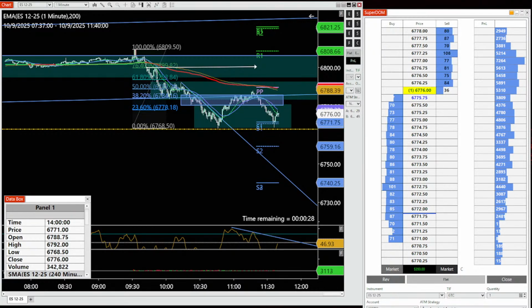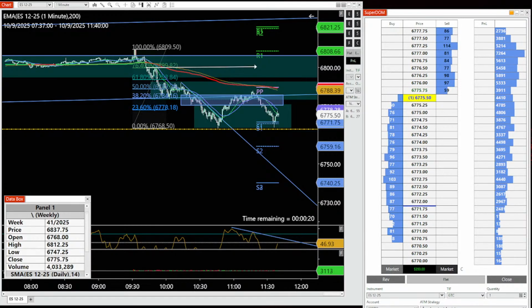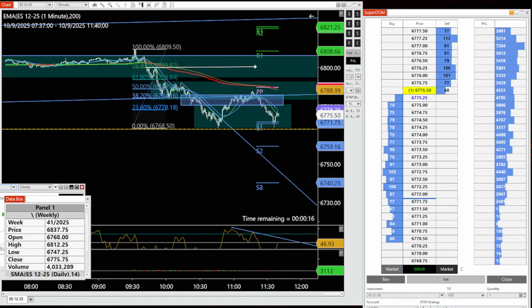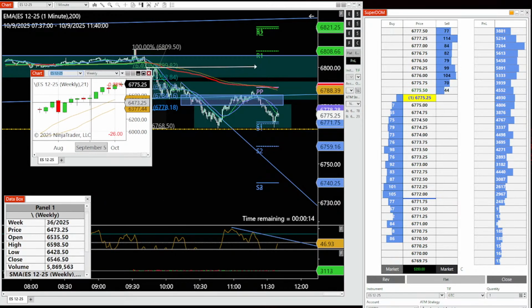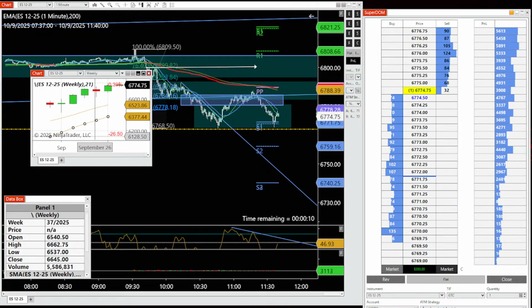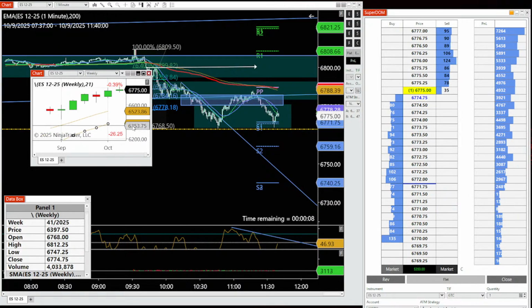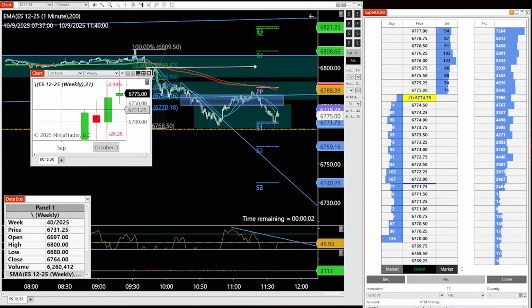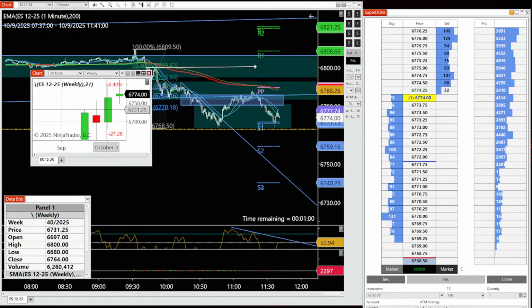Let's see what the weekly chart looks like. That's 20 points. Weekly. We're already down 26 points. We got closed at 64.